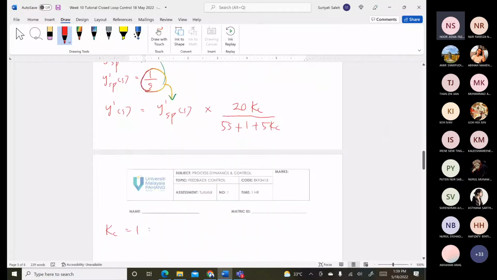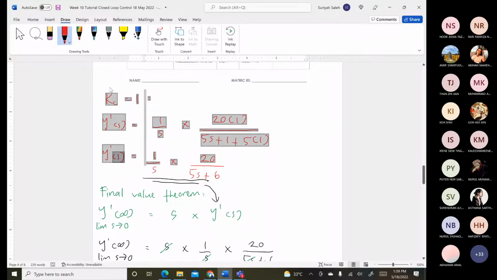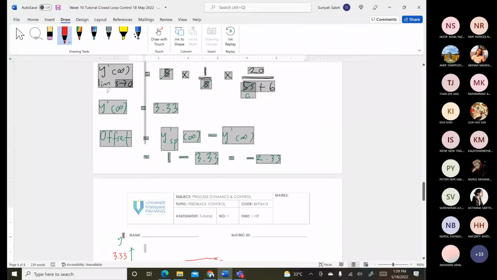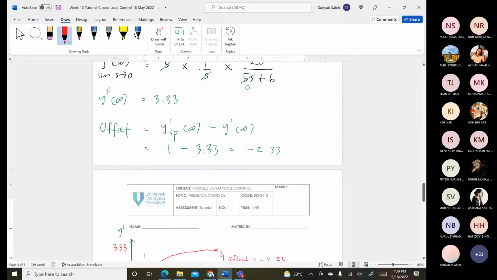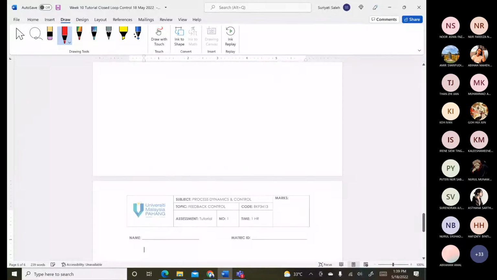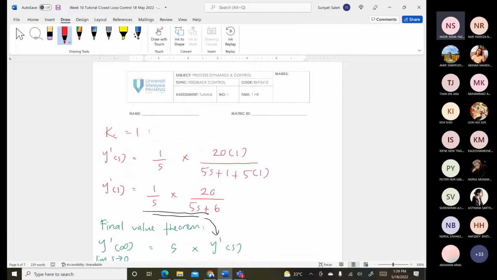So here we just repeat the step. So let me copy this one. Now we repeat for Kc equal to 10. So you get 10 here, 10 here. So in the equation, 20 multiplied by 10 will be 200.